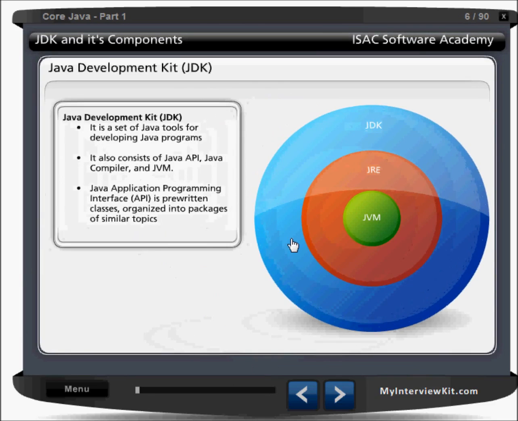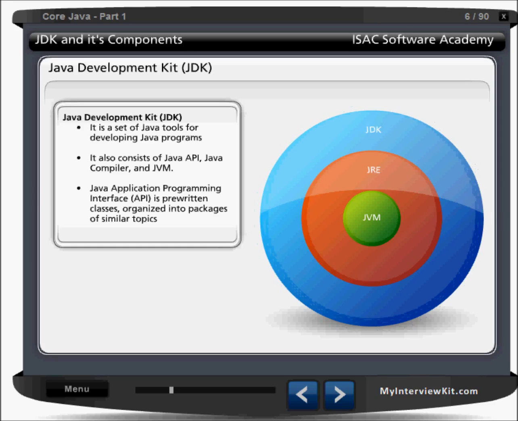So, the JDK and its components. As I said, if you install the JDK, you are getting JRE plus the Java tools. What does the JRE contain? The JRE contains the Java API and the JVM.